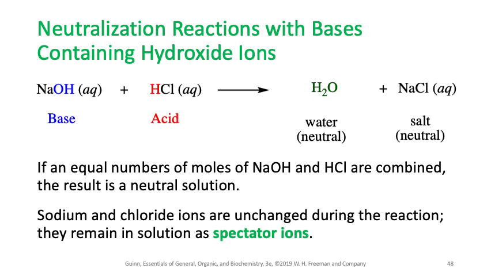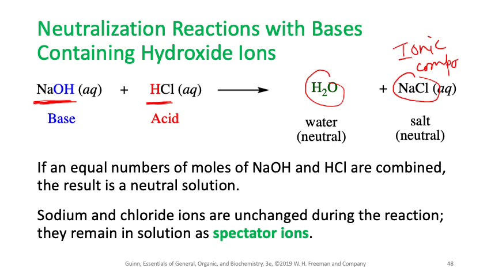So let's start with the hydroxide ion. So we are going to use sodium hydroxide as an example of a hydroxide ion containing base and react it with an acid. In this case, we are using hydrochloric acid. So when you mix this acid and base together, you're going to make water, right? That we already know, and you make an ionic compound, which is a salt.